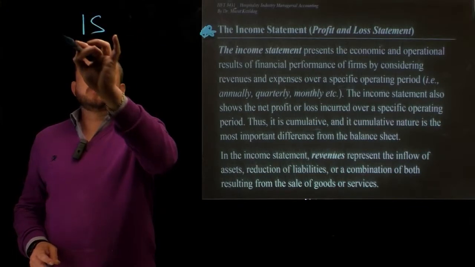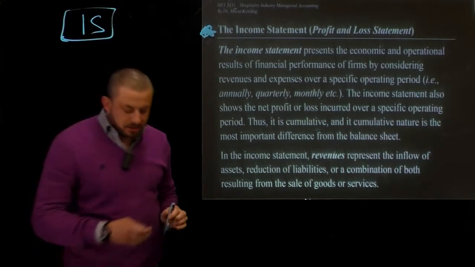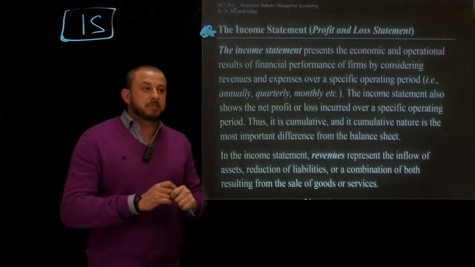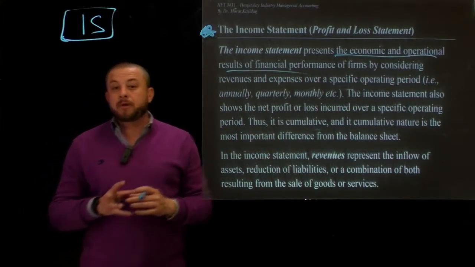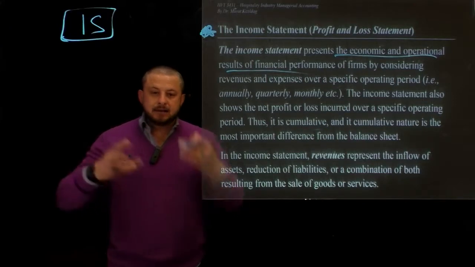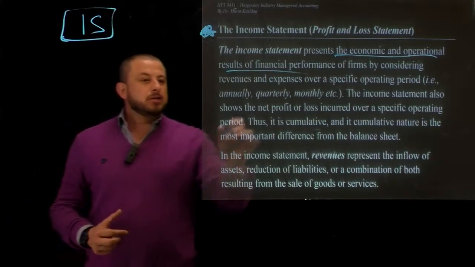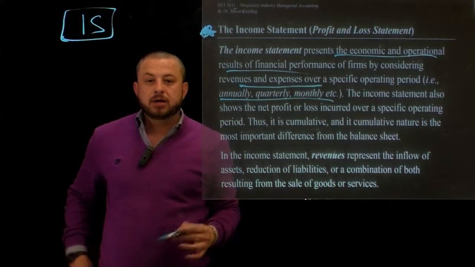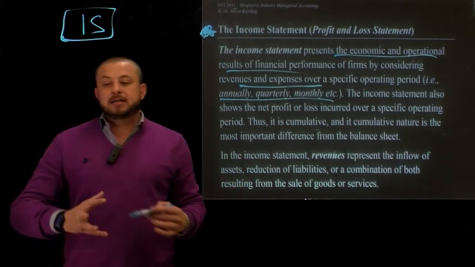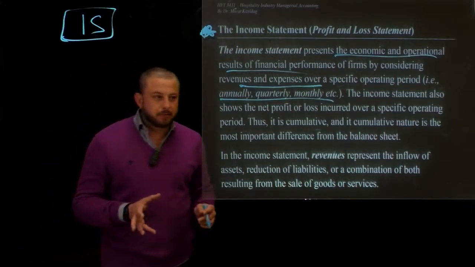The other important financial statement we have is called the income statement. It represents the economic and operational performance of the companies, and thus the financial condition in terms of revenues and expenses. It can be prepared annually, quarterly, monthly, or sometimes weekly. It can be prepared based on different departments as well.